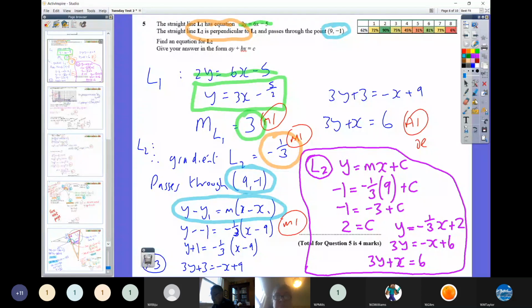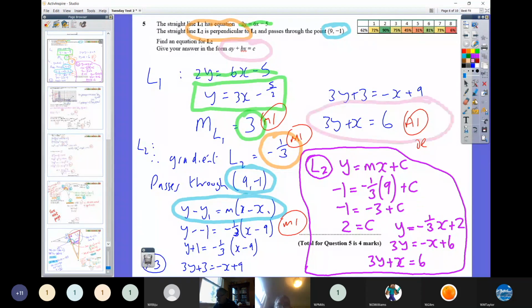Multiply it through. And please make sure you read the question. It actually asks you to give your answer in the format so many lots of y plus so many lots of x equals c. Now, I just assumed it wanted a, b, and c to be integers. So that's why my final answer was 3y plus x equals 6.